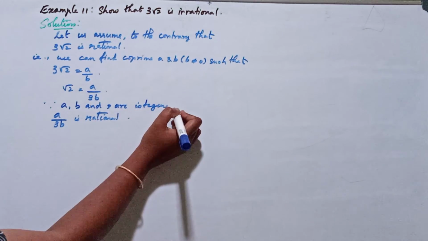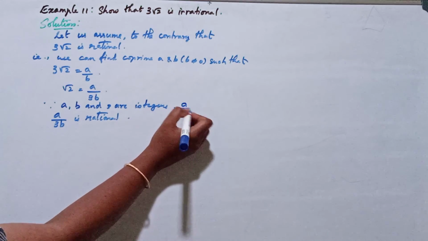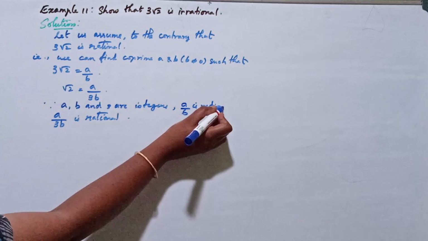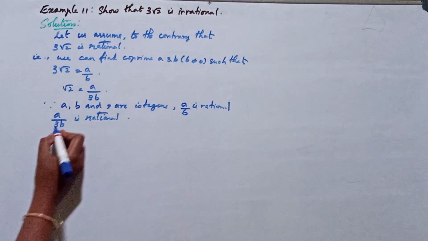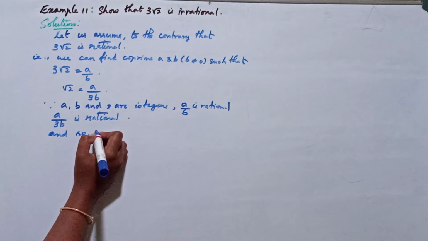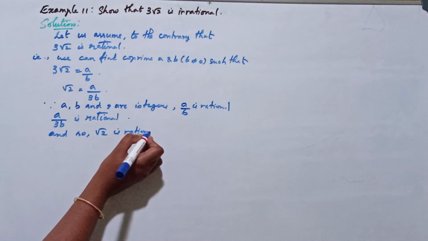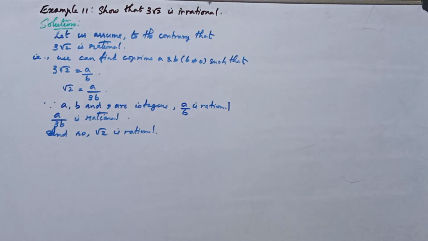I'll write one more step here. Since a, b and 3 are integers, a by b is rational, then a by 3b is rational, and so square root of 2 is also rational.